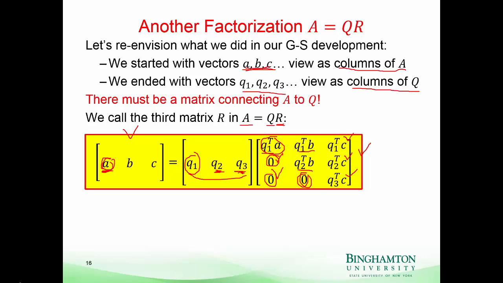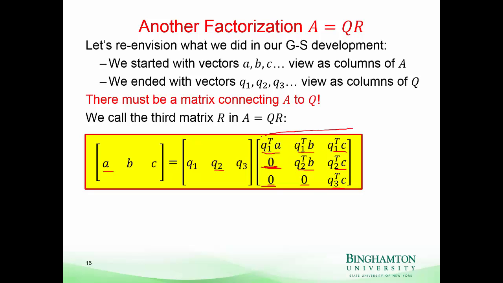So let's look at the structure here. Let me clear this off. I'll try to say this slowly so that if you want to write it down, you can write it down. But we would have Q1 inner product with A, Q2 inner product with A, Q3 inner product with A, Q1 with B, Q2 with B, Q3 with B, Q1 with C, Q2 with C, Q3 with C. But remember, Q2 with A is going to be 0 because Q2 is orthogonal to A. And Q3 inner product with A will also be 0.